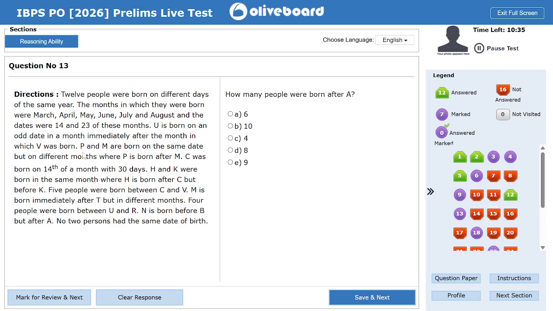H and K same month. बहुत सारा पॉसिबिलिटी है. ओके. 5 but before, 5 people are born between C and B. 1 2 3 4 5. M is born immediately after T. After T. In different months.